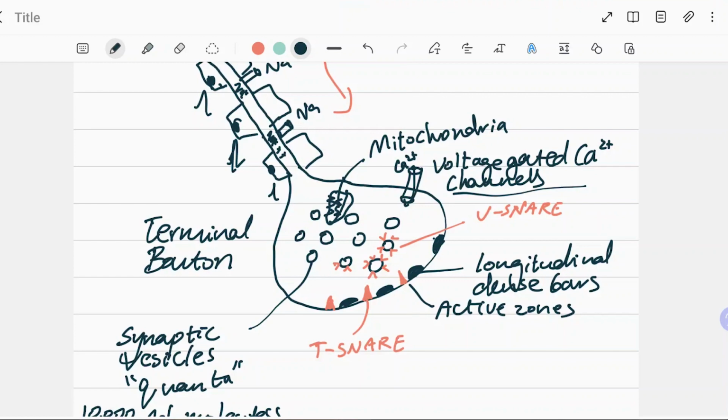For example, to secrete insulin, sugar levels rise and sugar enters the beta cells, causing voltage changes. We'll talk about that in the endocrine chapter. It opens voltage-gated calcium channels there, causing the release of insulin. So if you want to release something from a cell, especially a secretory cell or a neuron with a chemical synapse, you need calcium to enter.